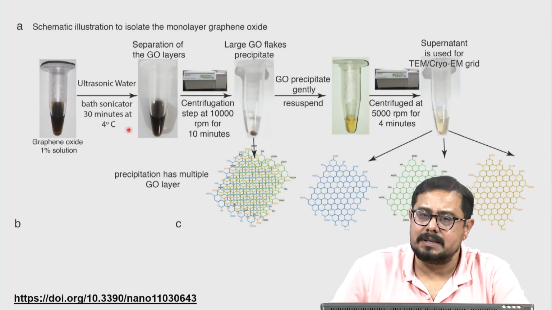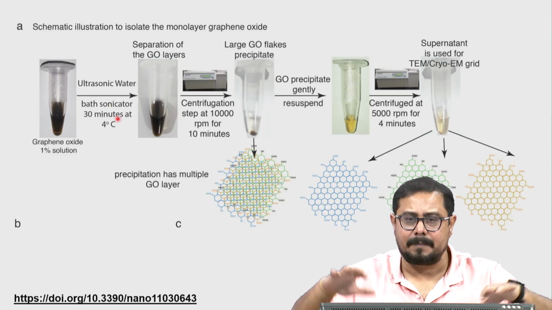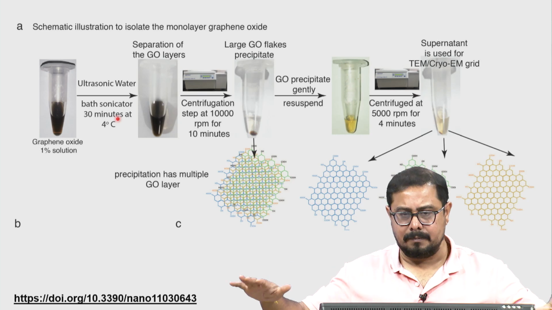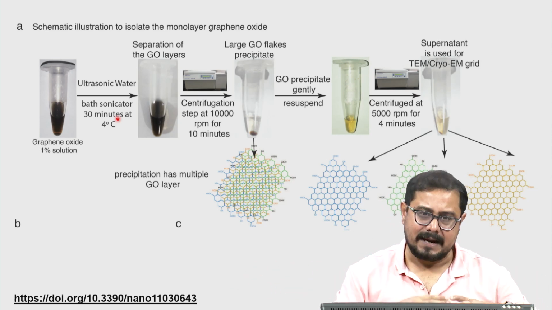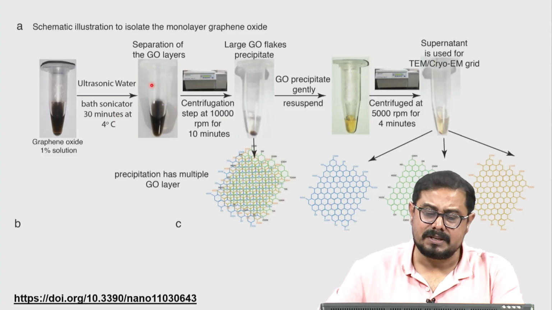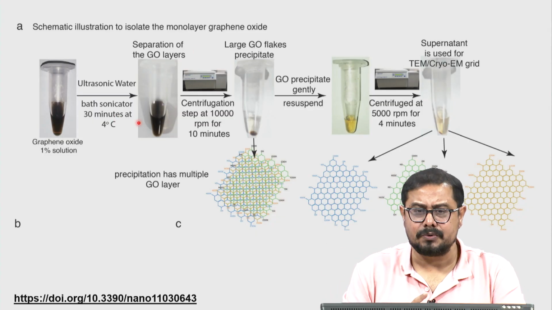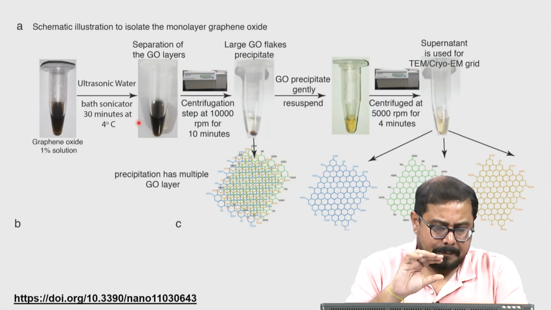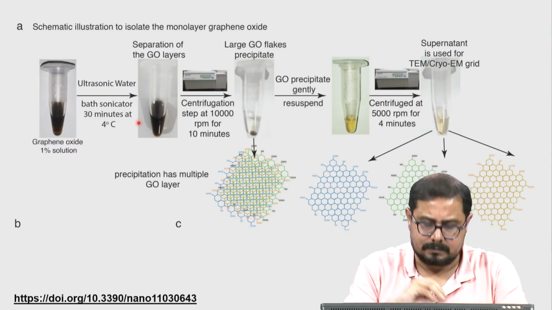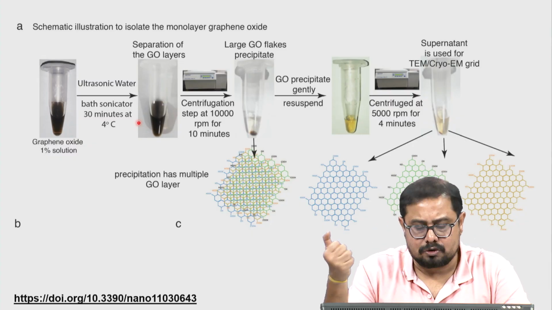Why are we using this water bath sonicator? Because we are trying to separate the thin film of graphene oxide or graphene from the aggregation. After sonication, we do centrifugation for 10 minutes to precipitate most of the graphene oxide aggregates, and we take the supernatant.